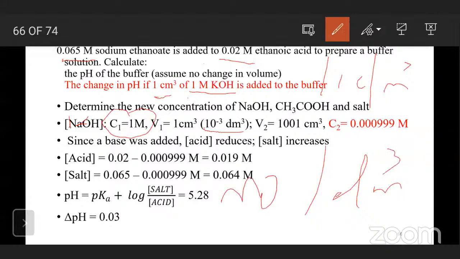That is what we mean by mole per dm cube. Certain mole in 1 dm cube of solution. You may as well be told that you are working with 1 dm cube of solution. So whether you're told that you're working with 1 dm cube solution or maybe 1 liter solution, it is still the same thing. 1 dm cube is the same thing as 1 liter.